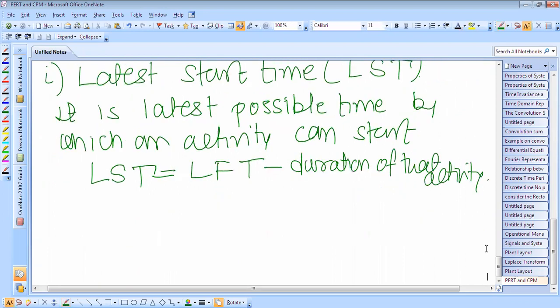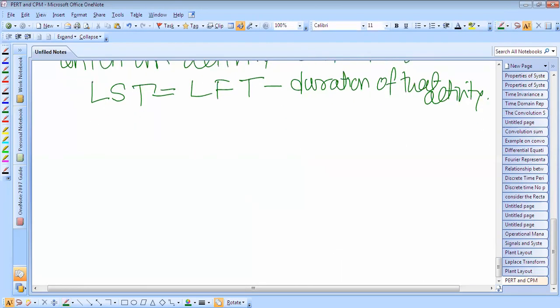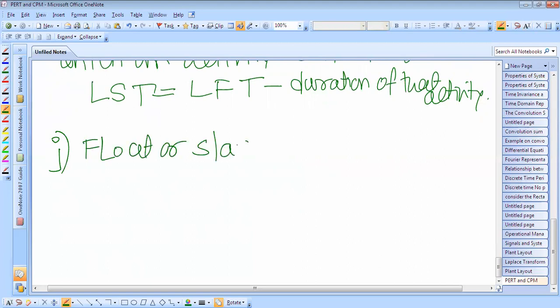And next is the float or slack, the term related to network planning. What do you mean by float or slack?